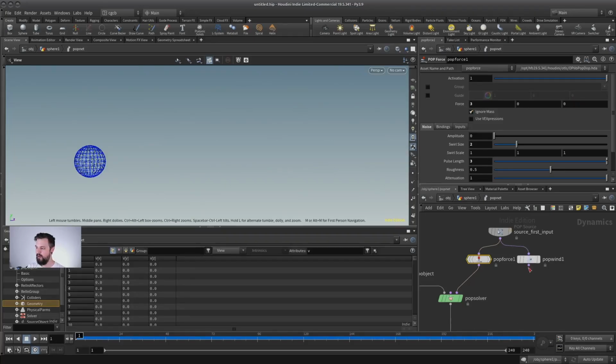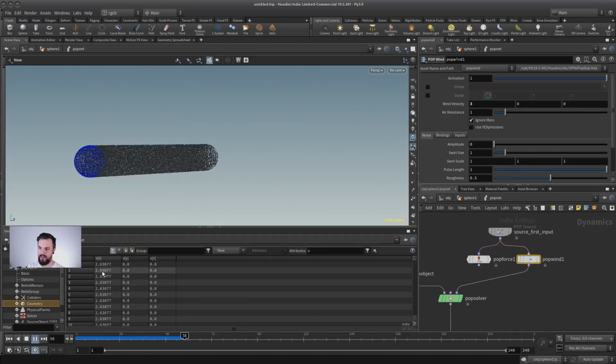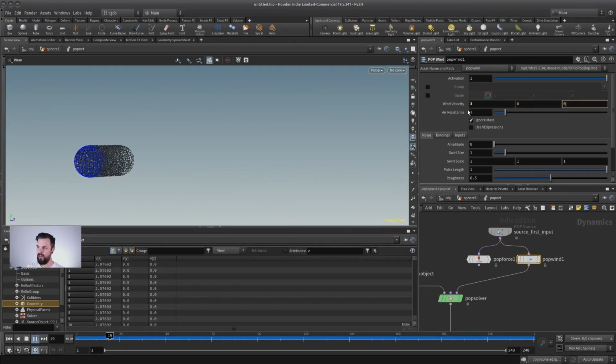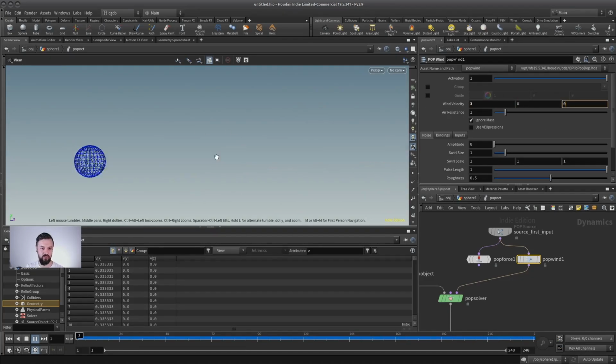But if we try the same thing with a pop wind, and let's turn off the noise for now, you can see that the x is not accelerating constantly, but slows down at the end and tries to reach the 300. So what this number here is representing is not a constant acceleration, but a goal that the points are trying to reach. And this is a very important distinction.